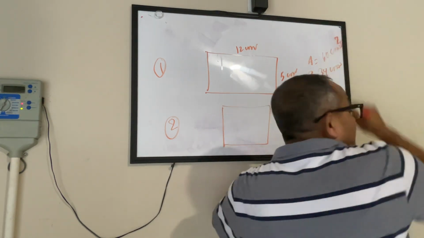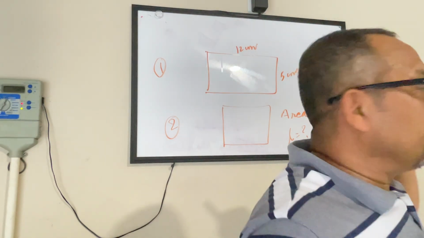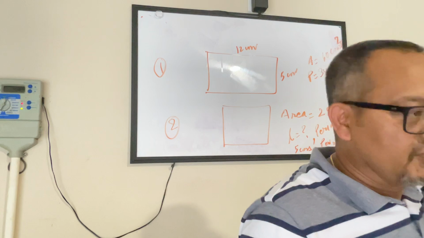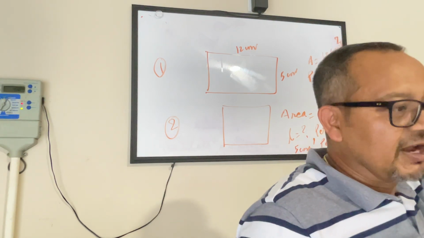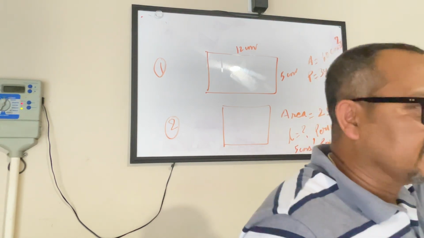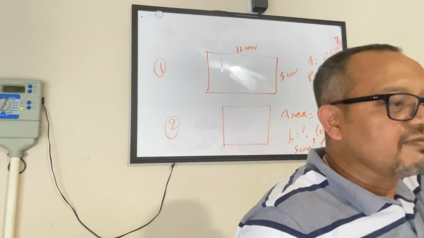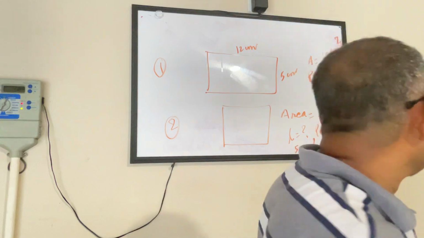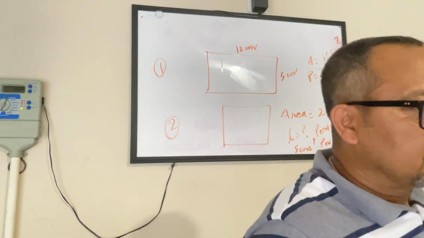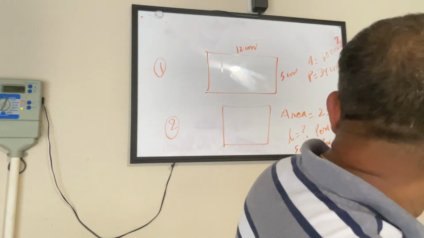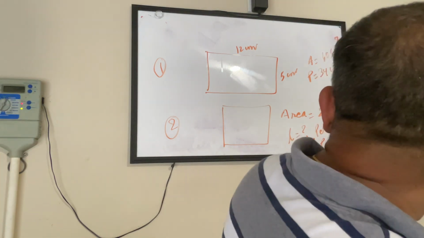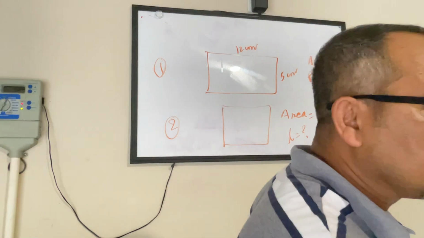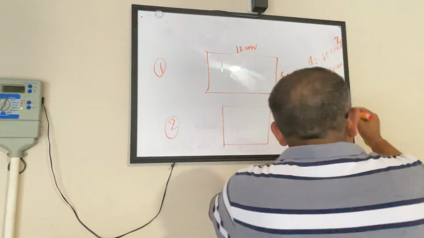That is what I was waiting for. So when you say area equal to 60 centimeters, I will not agree to any of you, okay? Area cannot be in centimeters or meters or millimeters. It has to be always square of something. Perimeter is 17 centimeters?